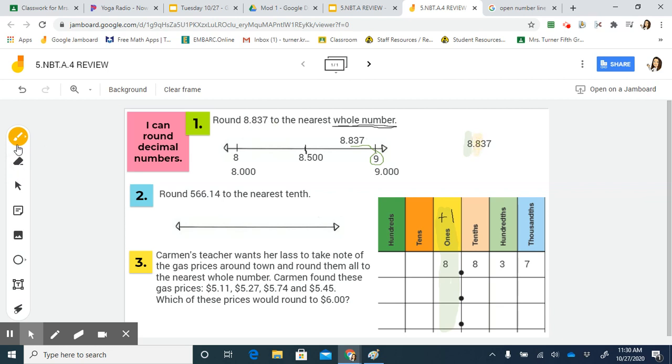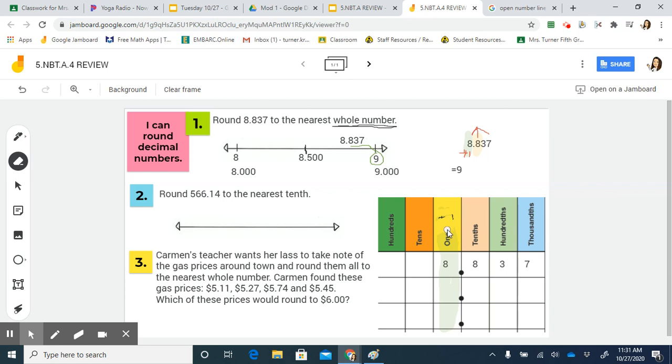That 8 tells me I want to round up, so I'm going to add 1 to this existing 8 because I'm rounding up. So I'm going to round to the number 9. I'm clearly showing that my answer is 9, and I've shown it using 2 different strategies.